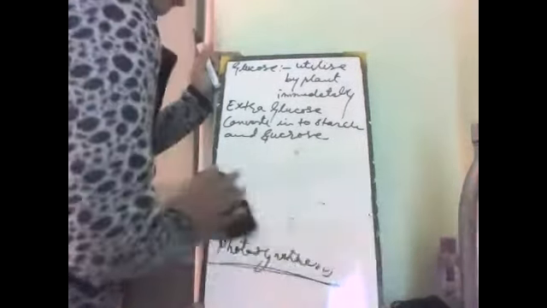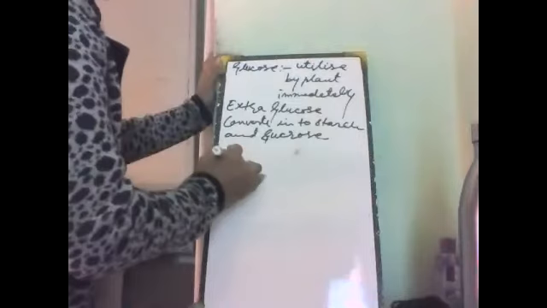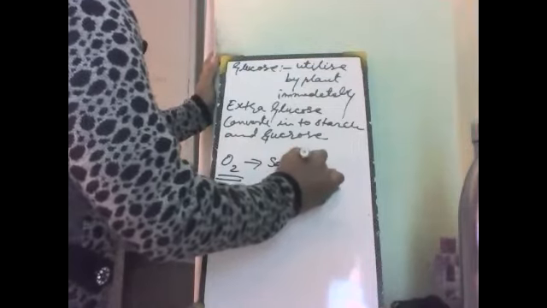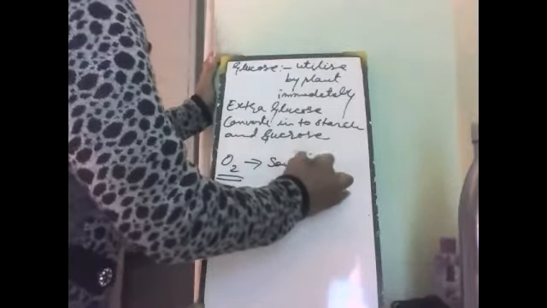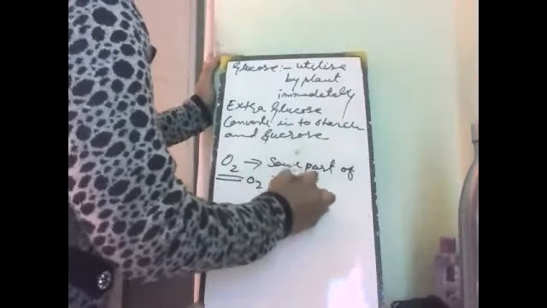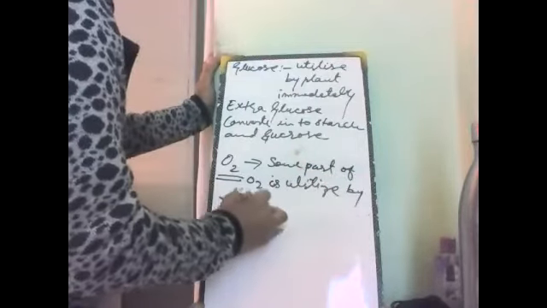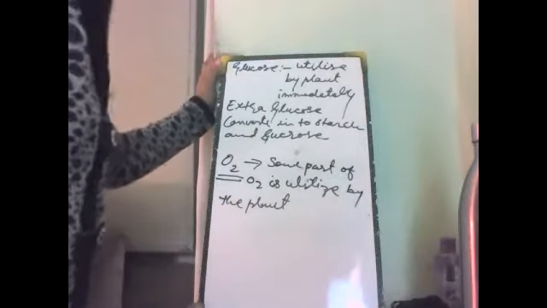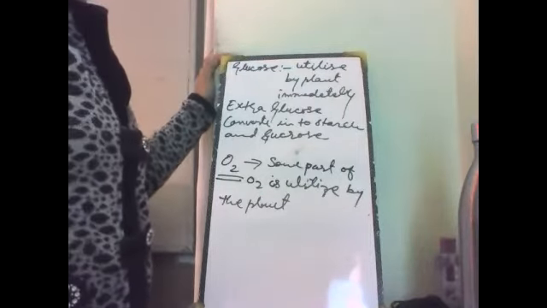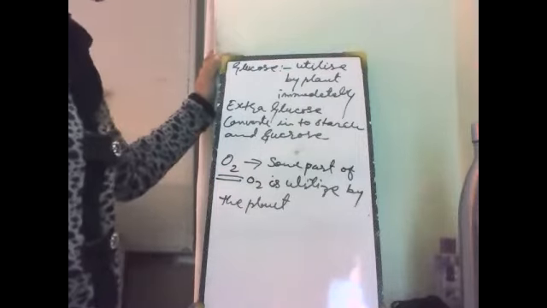Plants use some part of the oxygen. Oxygen is the byproduct of photosynthesis. Some part of oxygen is utilized by the plant, but the major part of the oxygen is released in the atmosphere through the stomata.